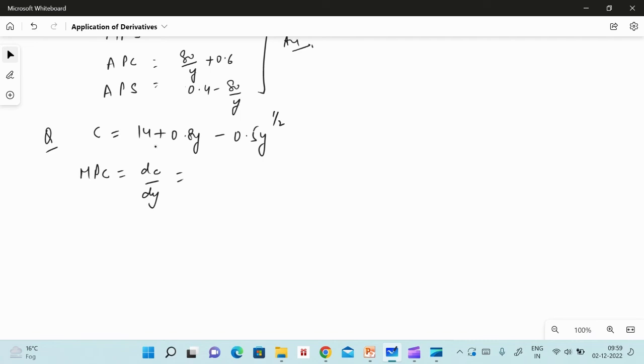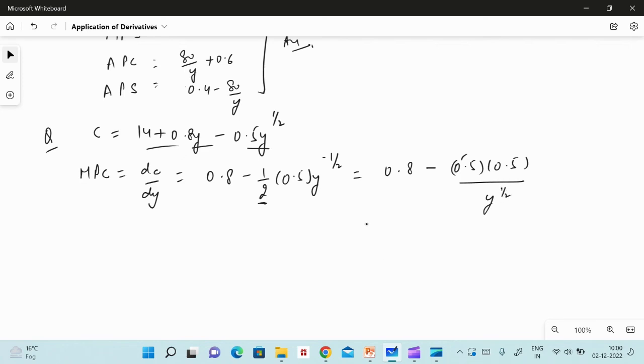This is equal to dC/dY. So the derivative of all these three, we will get 0.8 minus 1 by 2 into 0.5 Y power 1 minus 1 by 2, or this is equal to 0.8 minus 0.5 into 0.5, if I take 1 by 2 as 0.5, divided by Y power 1 by 2. So this gives me 0.8 minus 0.25 divided by Y power 1 by 2. This is the value for marginal propensity to consume.